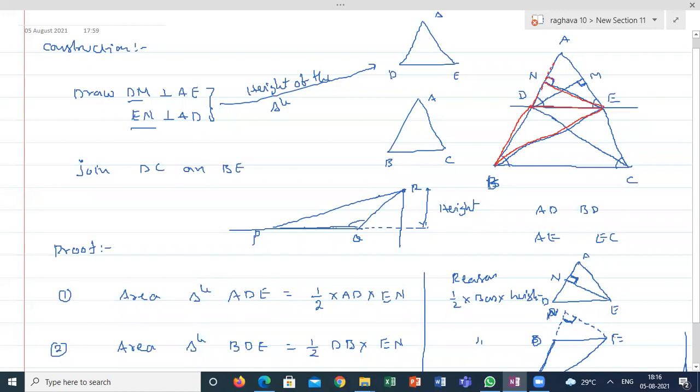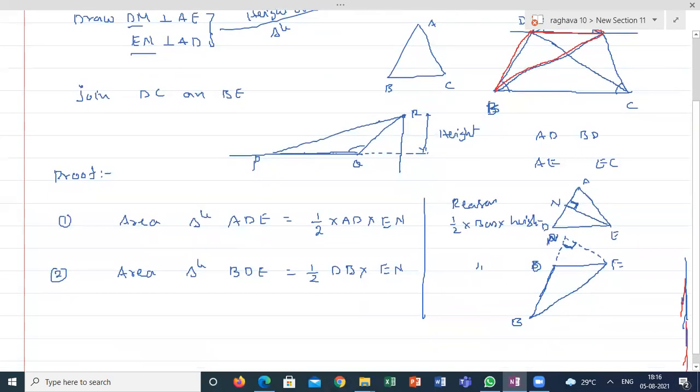My construction is a line which is perpendicular to AD. That means A, D, B are on the same line. If EN is perpendicular to AD, it is perpendicular to BD also. That's the reason EN is the height for the triangle BDE also. Is it clear how it is the height for the triangle BDE? Yes, sir, it's clear.